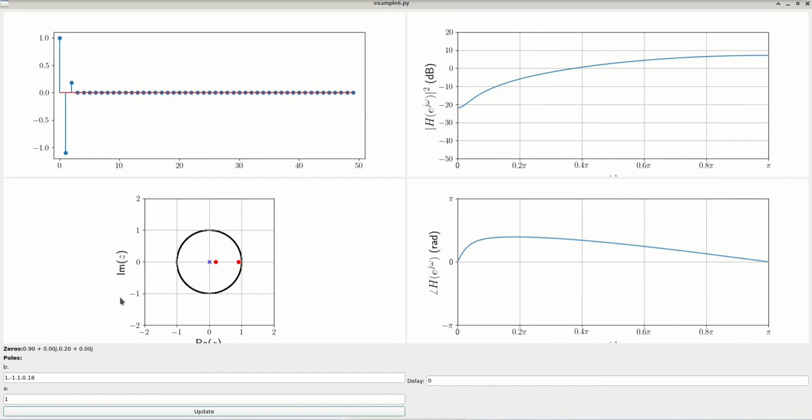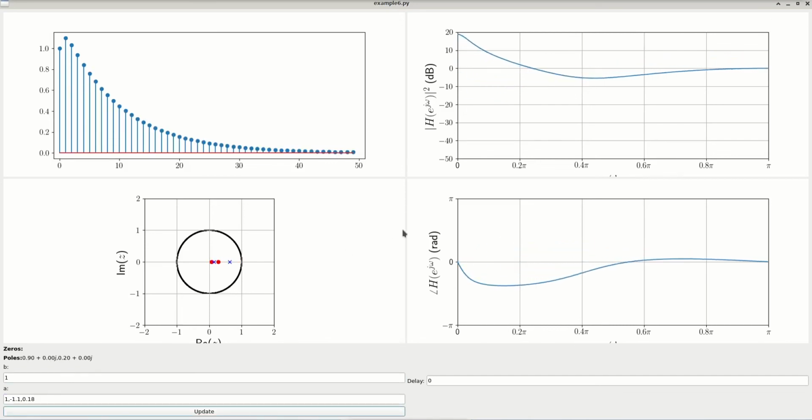Of course, the magnitude response, when I say mirror image, I mean both of them will add up to 0. That's exactly what is happening. You start at around minus 20, go up to somewhere around 7 or 8. Let's see what happens when I do this. It doesn't do the same thing, but the reason is the scaling.